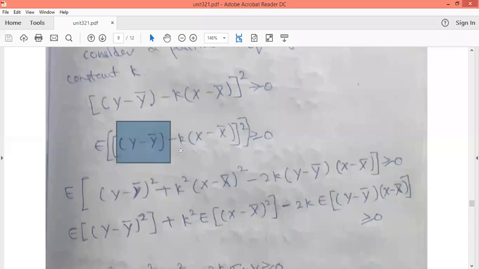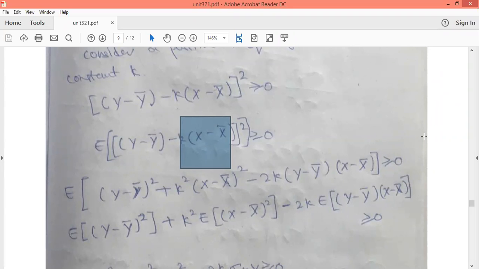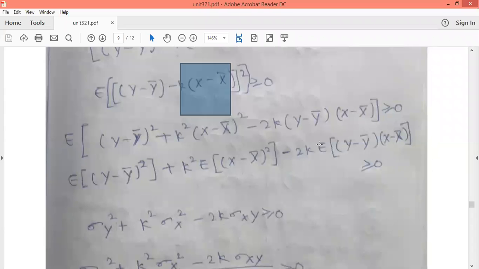Now we just expand this. See here, it is in a minus b whole square form. We can write it as (y minus y bar) square plus k square (x minus x bar) square minus 2k (y minus y bar)(x minus x bar), greater than or equal to 0. Now we apply the expectation to each and every term inside this bracket, so that we get the expectation of (y minus y bar) square plus k square into the expected value of (x minus x bar) square minus 2k times the expected value of (y minus y bar)(x minus x bar).